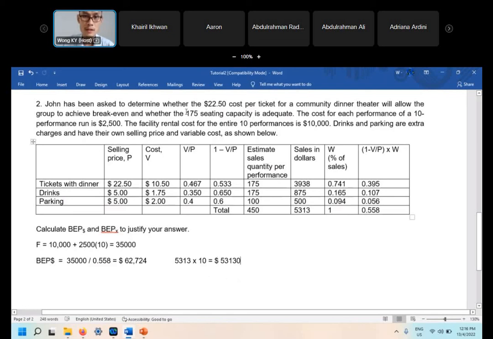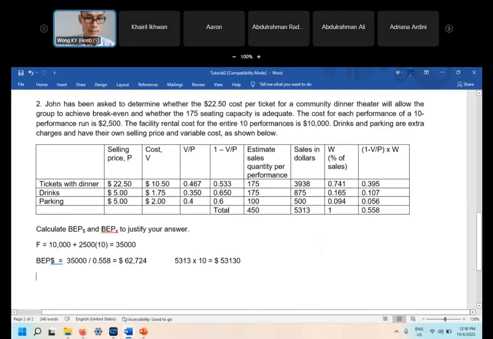If you have 175 seating capacity and if your cost per ticket is 22.5, to break even, we need this. So it means at the current situation, we still cannot break even. So we are still suffering losses. So that's the answer, not enough to break even.